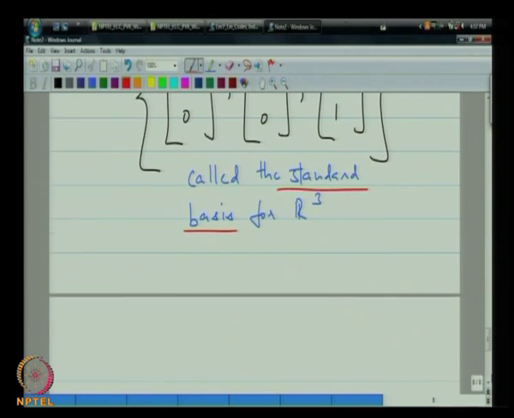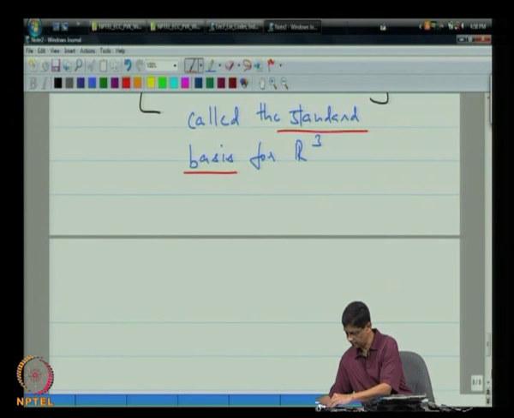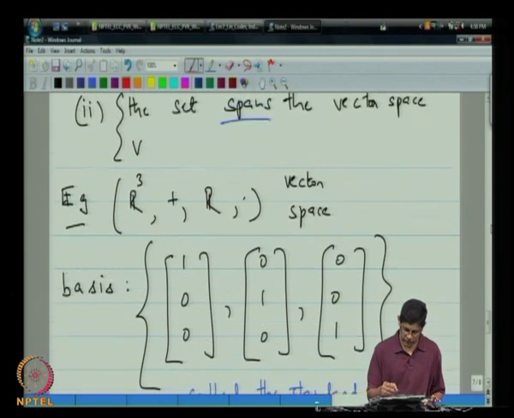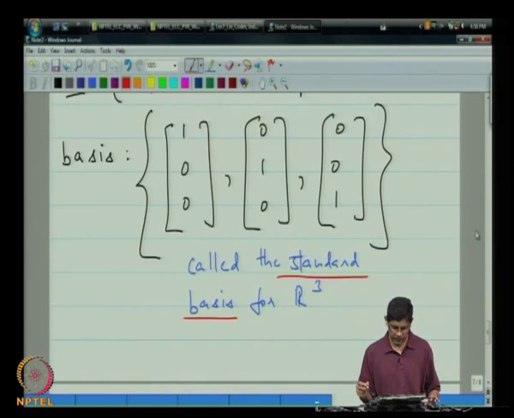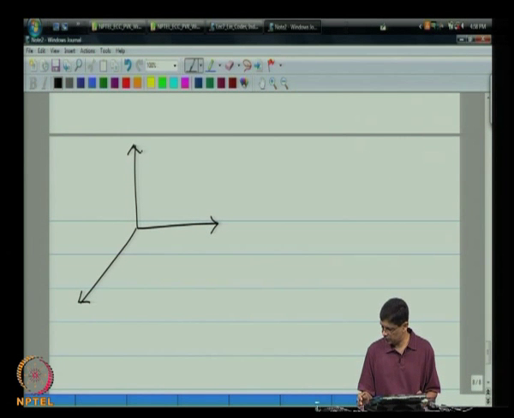Okay. All right. Now, of course, this vector space is nothing but our familiar 3-dimensional Euclidean space. So, we can attach geometry to this.